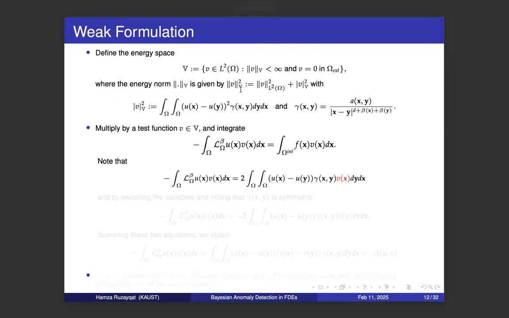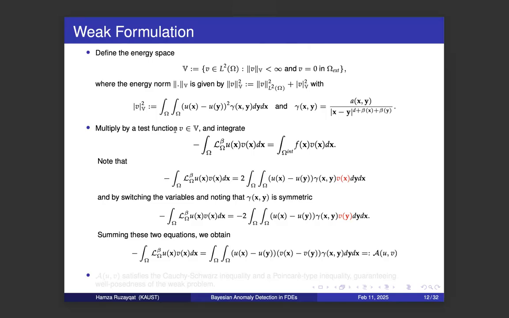So multiply by a test function V and integrate. Then we note the following. So this on the left-hand side integral is this guy here. Now switch the variables and note that gamma xy is symmetric.